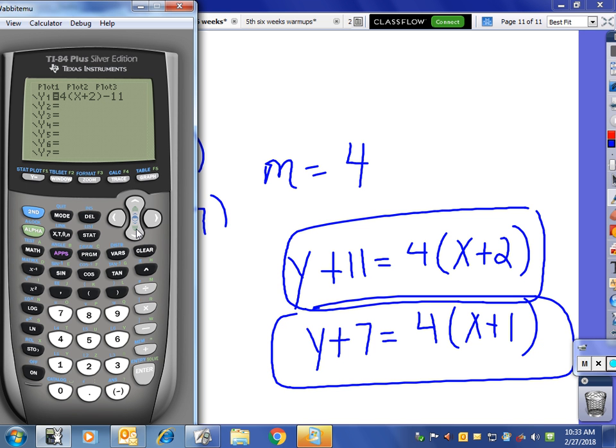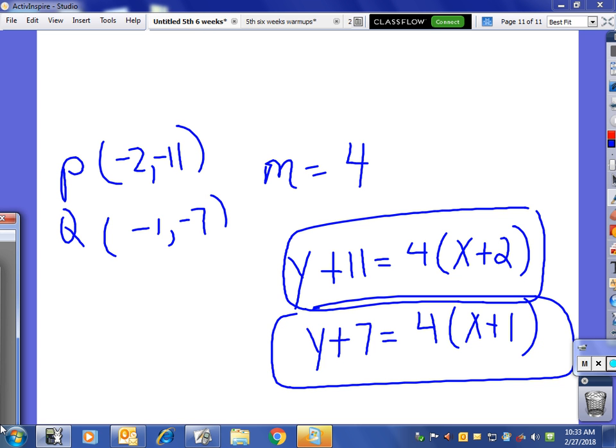The second one, I'm going to put in 4 parentheses x plus 1. And how do I get the 7 to the other side? Make it minus 7. I want to show you, look at the T-chart. These are the exact same lines. Do you see how I'm getting the same y values? Because these are the same lines. Even though they don't look alike, they are the exact same lines.